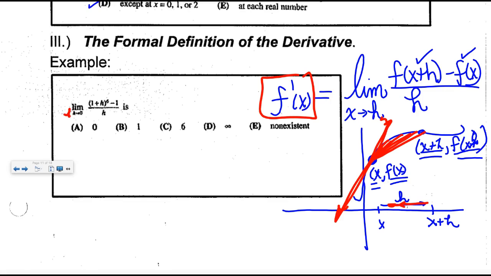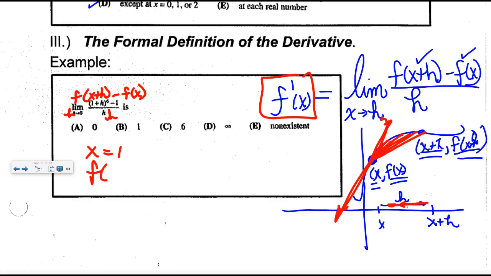So the key to this is usually seeing that h approaches 0, and then you see f of x plus h minus f of x over h. So I can see that x is a 1. I can see that my function is raising x plus h to the 6th.